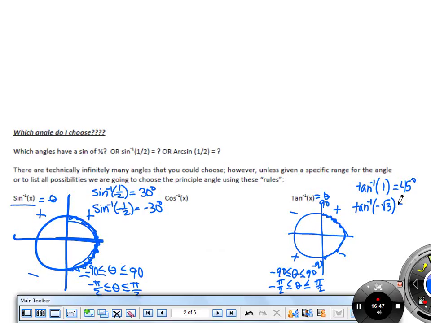Let's say I asked you guys the inverse tangent of negative rad 3. So you're going, okay, somewhere on the circle, the tangent turned out to be rad 3. What kind of angles are going to have a tangent calculation that turns out to be rad 3? At least narrow it down. Either a 30 or a 60, right? And either you have memorized, like I said earlier, which one is which, or you do a little test to figure out which one turns out which way.